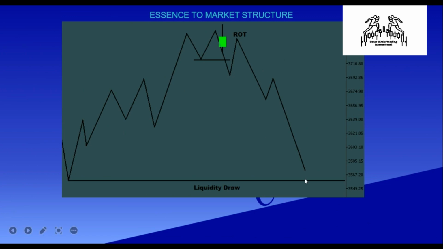To the downside, you need to mark an area of magnet, an area of liquidity, an area that pulls price, where price is interested to go. We call this a liquidity draw. In this example, this will be a sell side. This is where sell stops are.